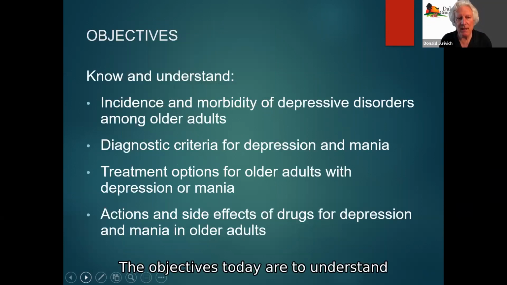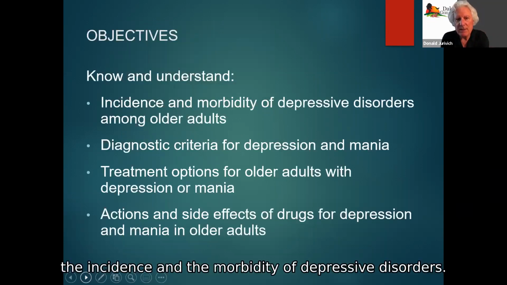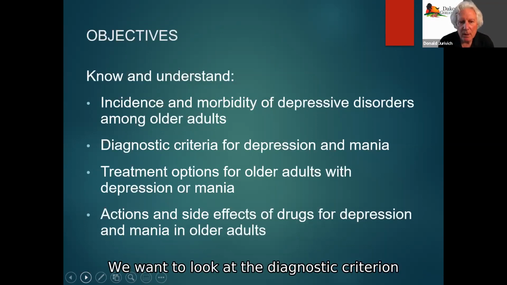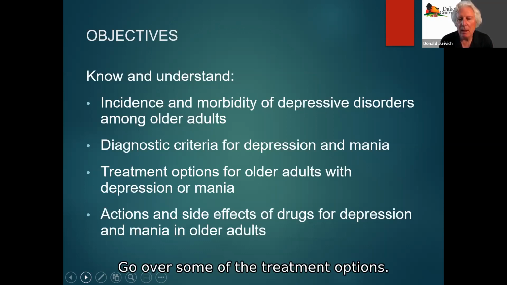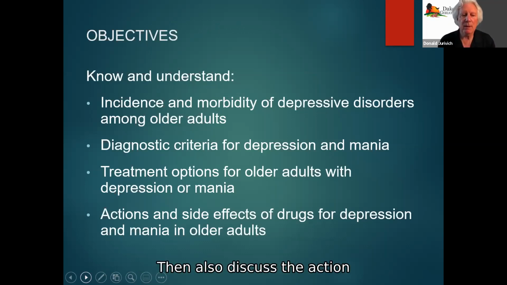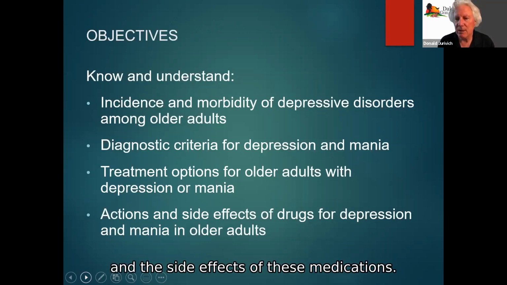So the objectives today are to understand the incidence and the morbidity of depressive disorders. We want to look at the diagnostic criterion, particularly for depression, and talk a little bit about mania. We'll go over some of the treatment options, and then also discuss the action and the side effects of these medications.